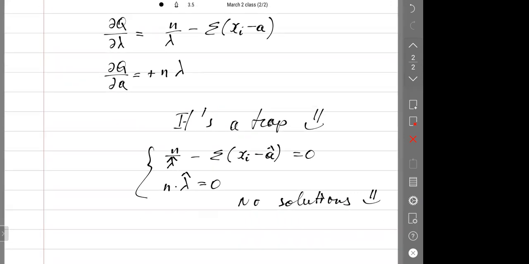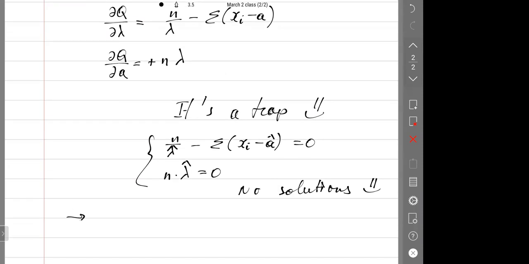First point: we should know that there are some models in statistics where the maximum likelihood estimator does not exist.